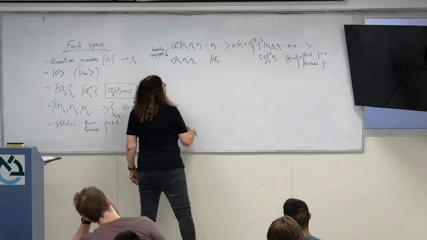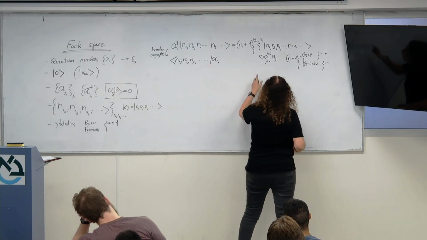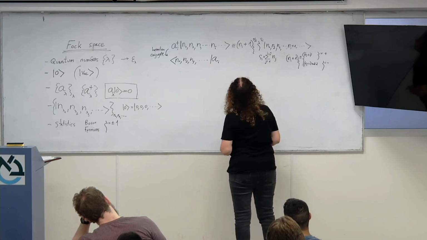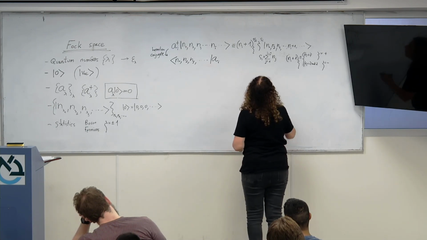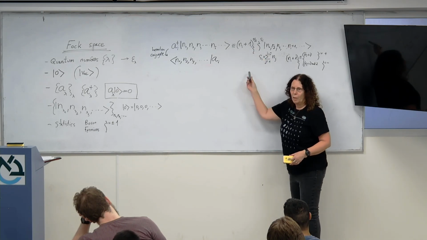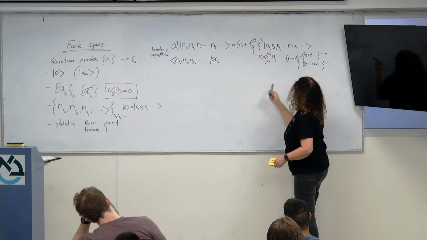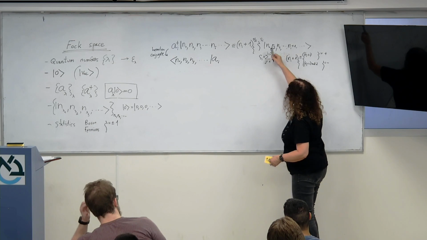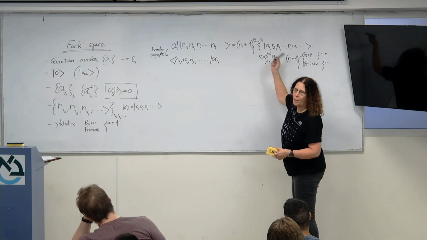What is the right-hand side? The conjugate of the right-hand side is simply this factor times the bra version of this state.